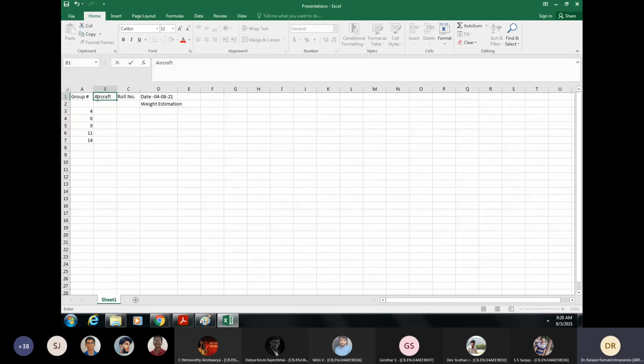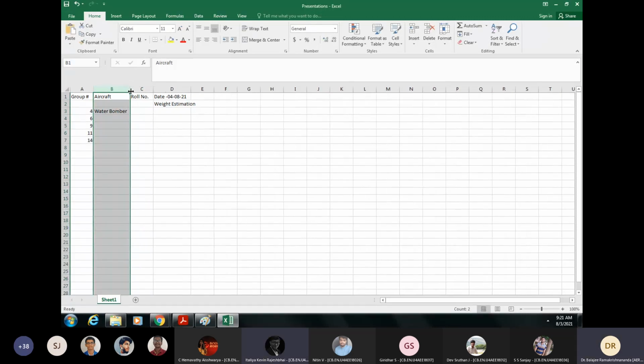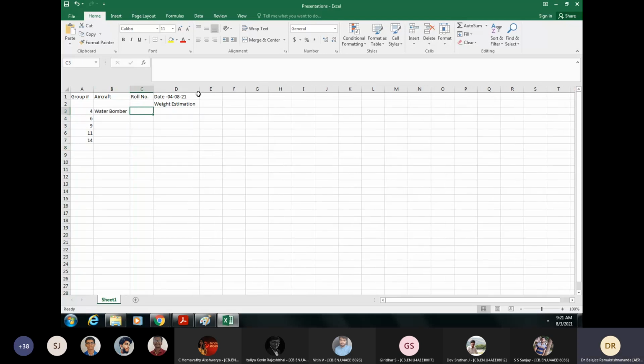Group 4, who is here now? Group 4 is water bomber, sir. Water bomber. Who's presenting tomorrow this weight estimation thing? We haven't decided yet, sir. Okay, tell me tomorrow. Tomorrow I'll put the name here because I have another Excel sheet. I'll give marks for the presenter separately and the group also.